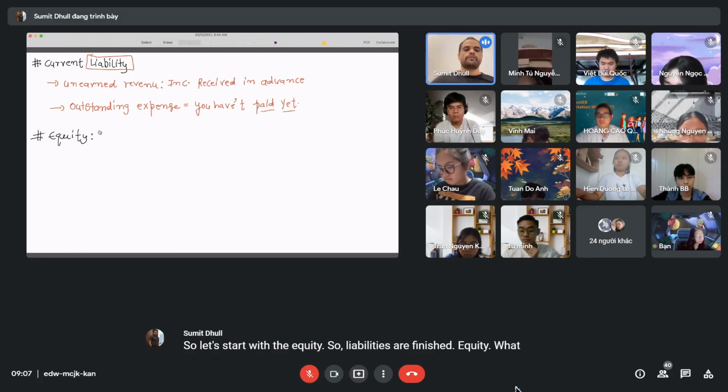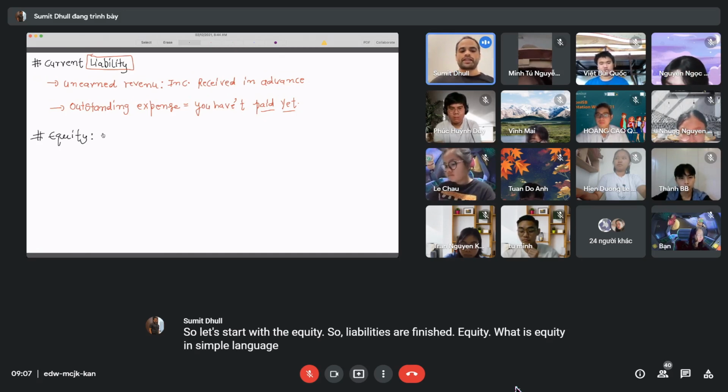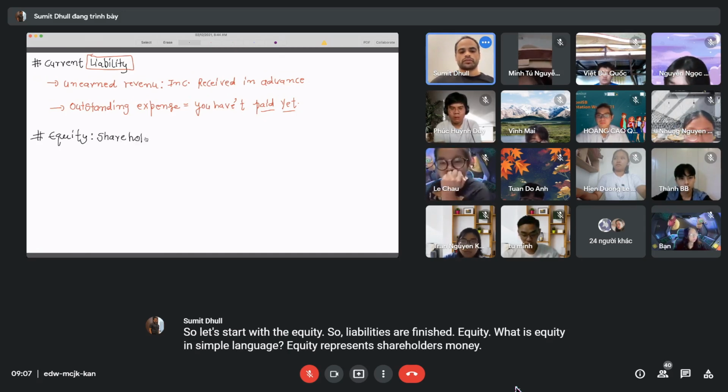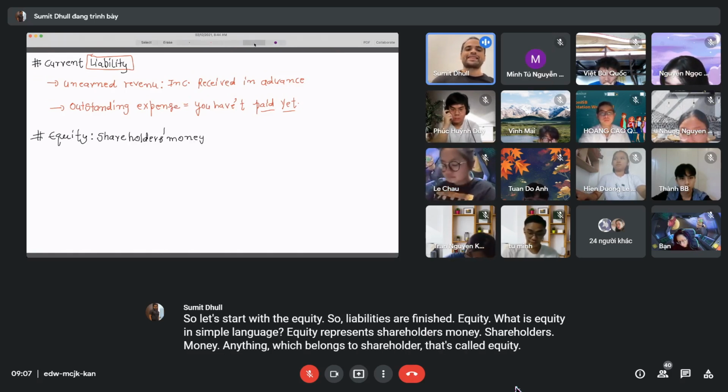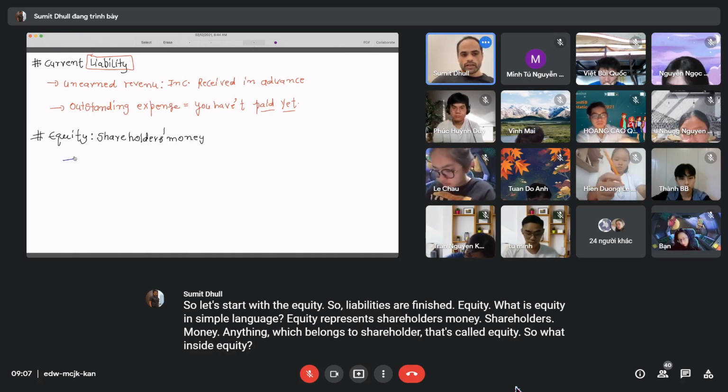What is equity? In simple language, equity represents shareholders' money. Anything which belongs to shareholders is called equity. So what is inside equity? Inside equity, we have share capital.